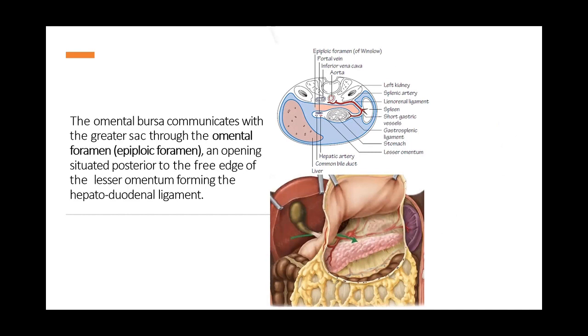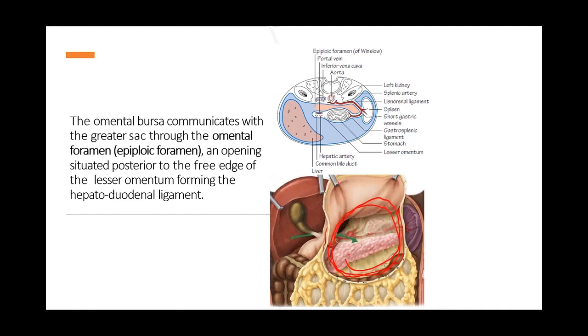You can see this stomach is lifted up. You can see there's the pancreas, this is the splenic artery, okay? And this cavity here behind the stomach is called the lesser sac.